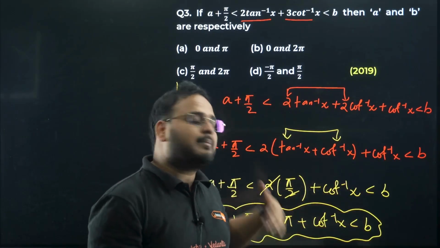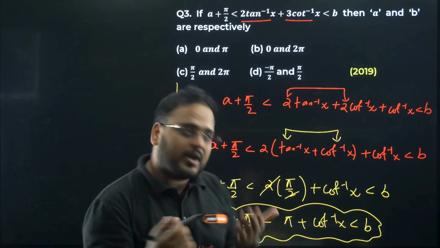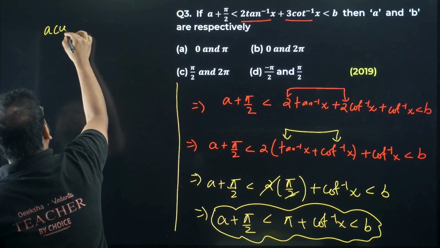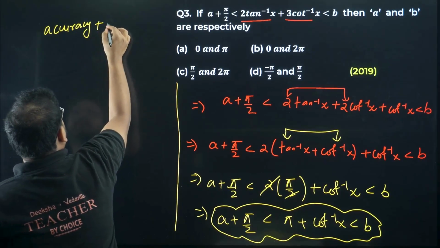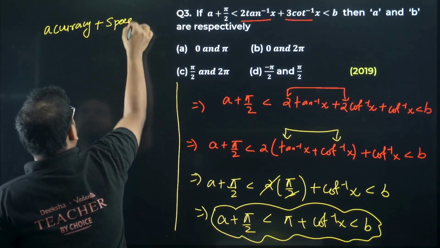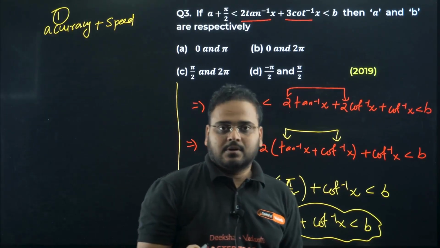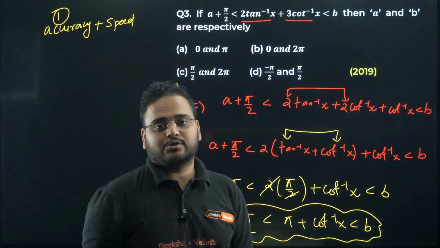By practicing the same thing over and over again, of course the speed will come. Both of these are very important: accuracy, and you also should have speed. But your step 1 is accuracy. First get the questions right. Then you can keep doing them again and again to get the speed also.